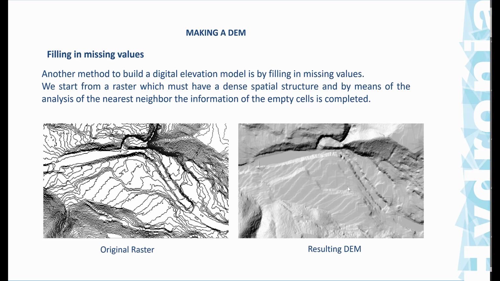Now, another method that is often used to build a digital elevation model is filling the missing values. So if you have, for instance, a contour map, as you see here, where each line corresponds to a given elevation, and you want to fill this, you have tools that you can use to generate the values in between.